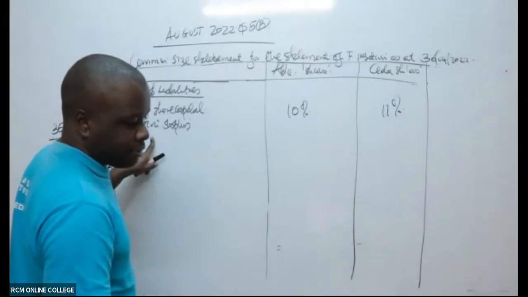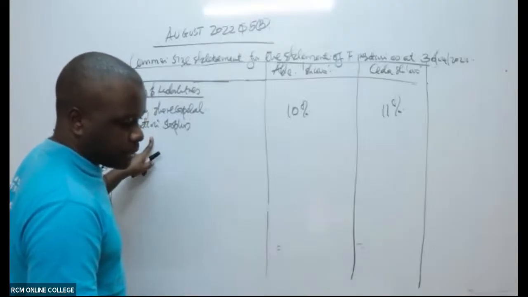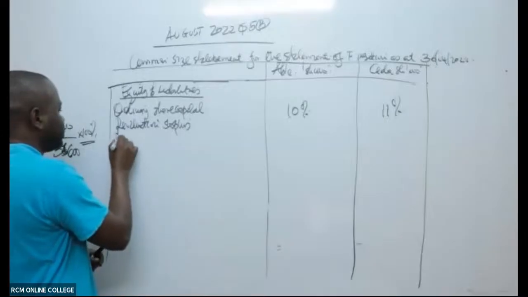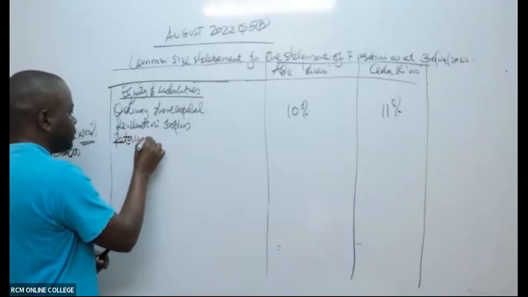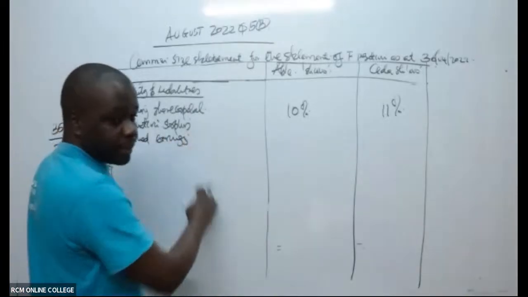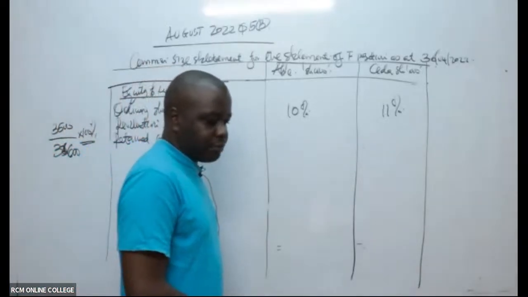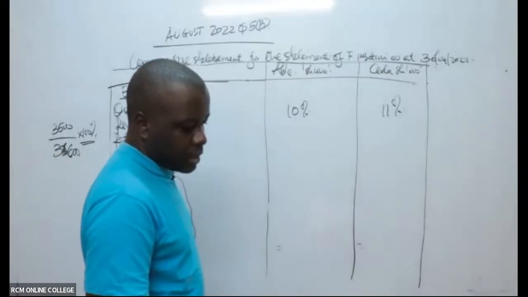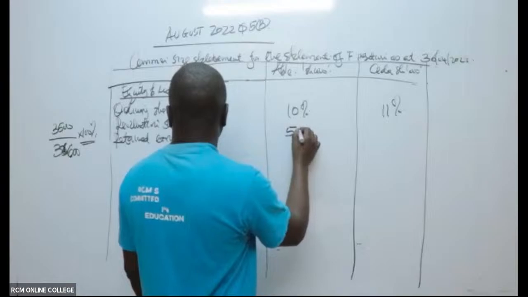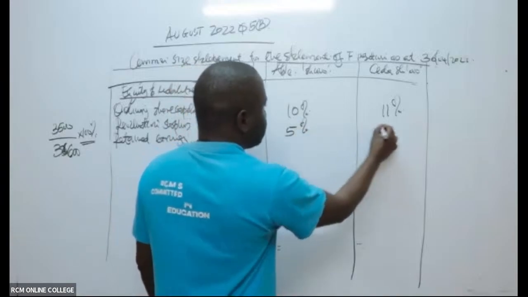We have revaluation surplus, then retained earnings. So revaluation surplus, 4.7, 5.2 and 4.7. So that is averagely 5%.